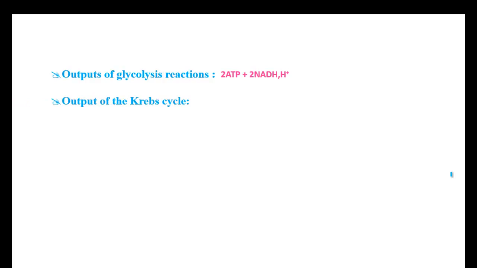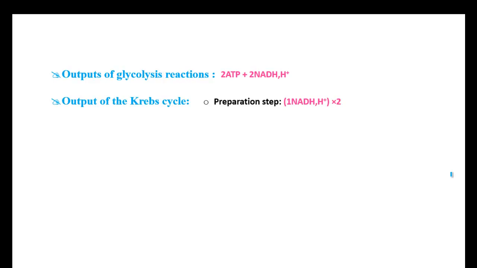For the second phase, we actually have two steps: the preparation step, then the Krebs cycle reaction. In the preparation step, we produced 1 NADH for every single pyruvic acid. Since glycolysis produced 2 pyruvic acid, we will have 2 NADH in the preparation step.